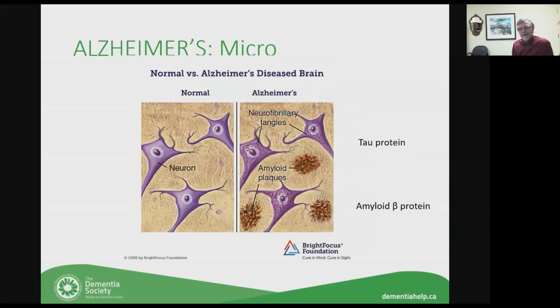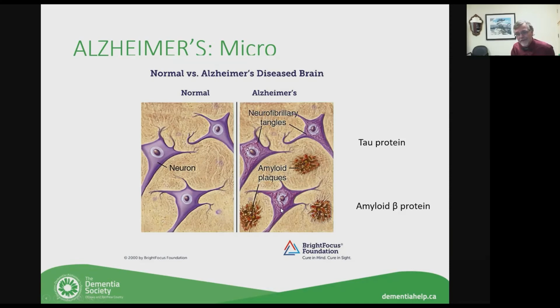So going back to the cellular level now, what are those plaques and tangles that people talk about when they talk about Alzheimer's disease? On the left here, you have another cartoon view of neurons, right? You have your neuron, the cell body, you've got the dendrites up here, the short ones, and then you've got the long axon coming off on the end. And this would be a healthy brain. Now, when it comes to Alzheimer's disease, we have 2 things going on.